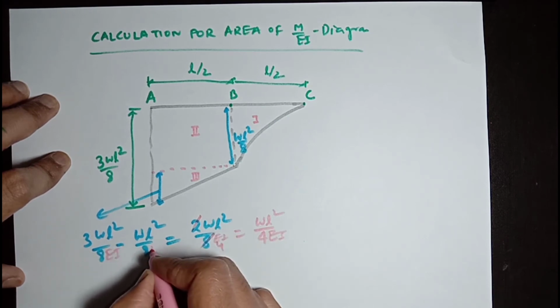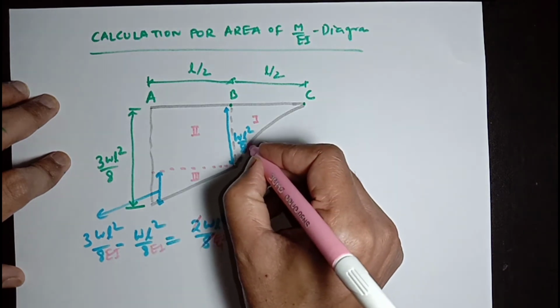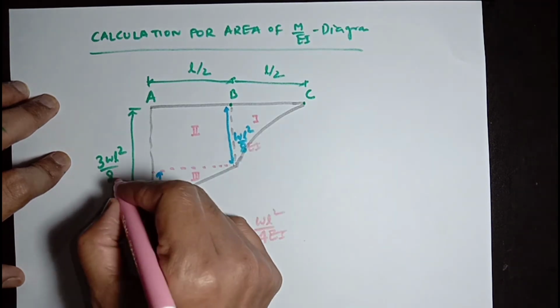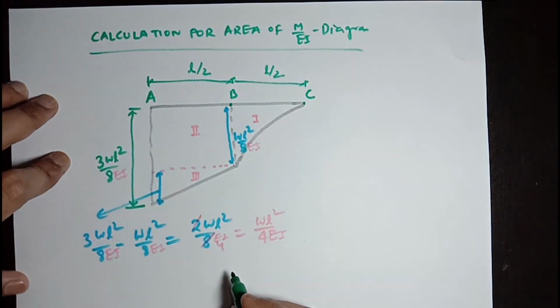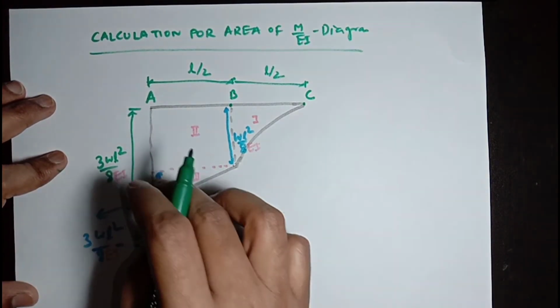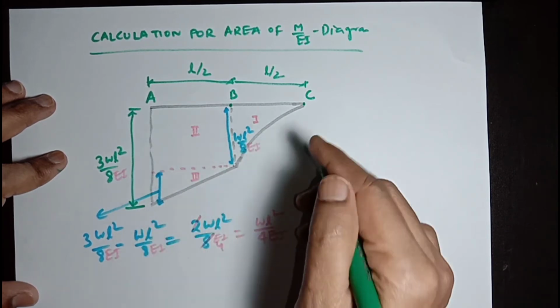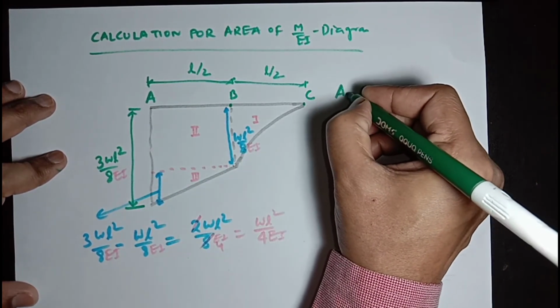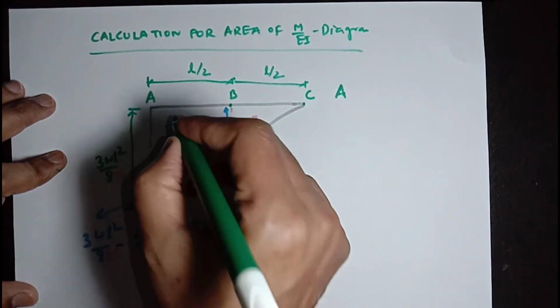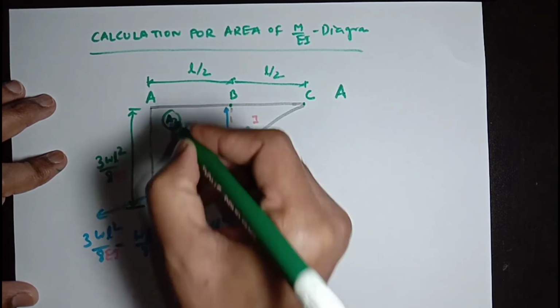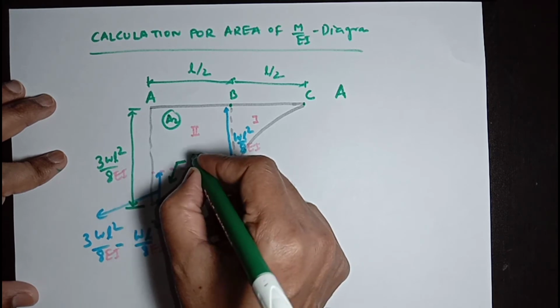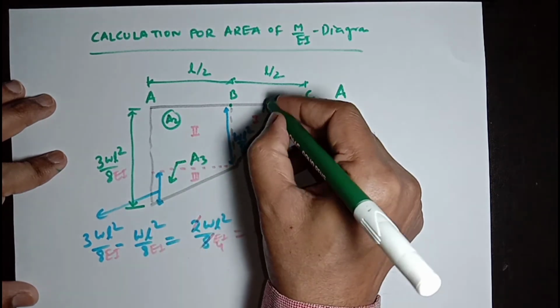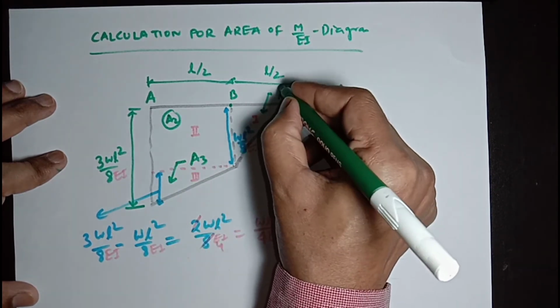EI, it is also EI, as we have drawn with the M over EI diagram. So now we can find the area A2. Here I designate the areas as A1, A2 and A3.